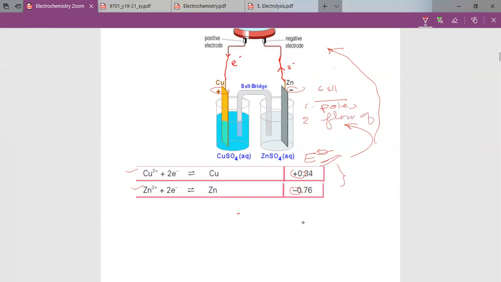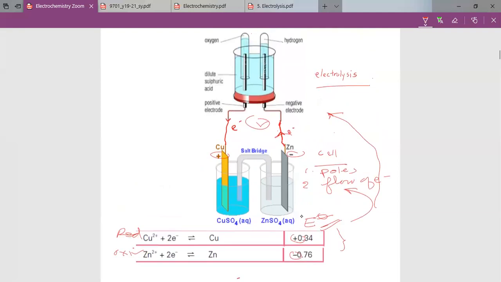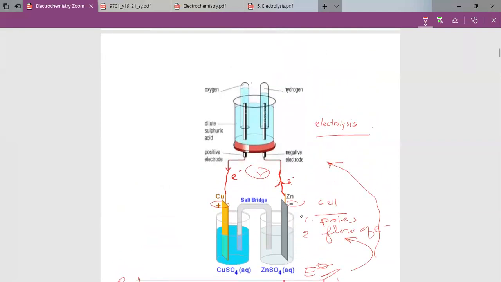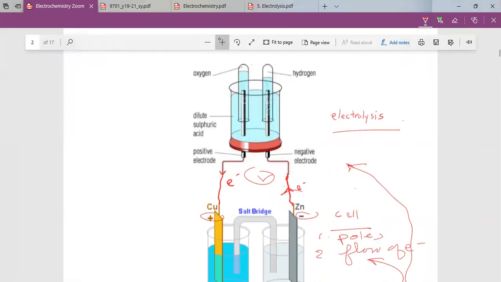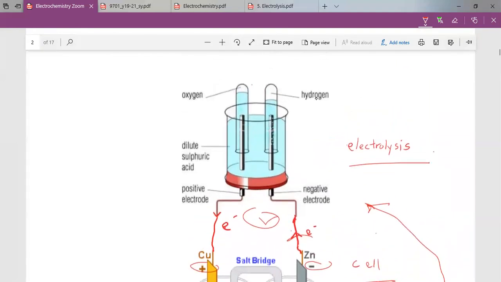The flow of current or electrons comes from the negative, because here we have oxidation, and coming to here is reduction. But instead of going to a voltmeter, we pass it to electrolysis, 2 electrodes, of course carbon electrodes. I'm going to make it a bit bigger.